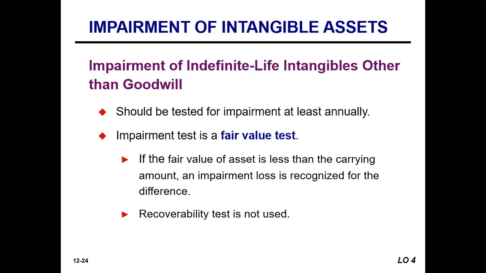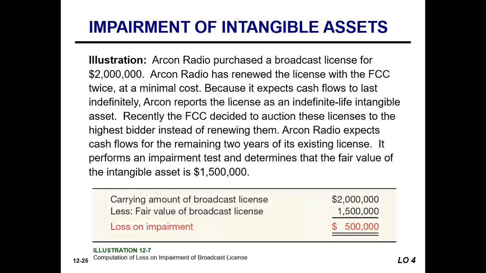All right, so impairment of indefinite life intangibles. With indefinite life intangibles, we test impairment through the fair value test. Fair value is compared to the carrying amount of the asset. If the fair value of the asset is less than the carrying amount, an impairment loss is recognized for the difference. So here's our example of that.